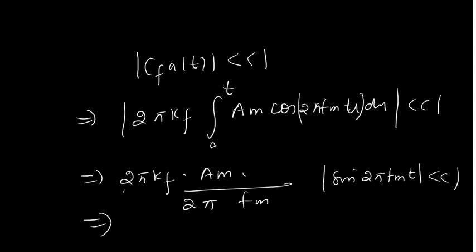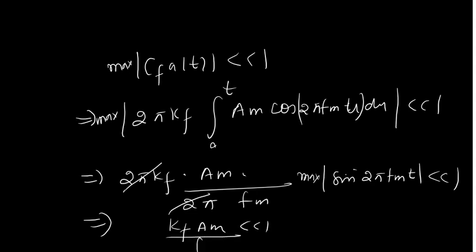I am just integrating. So after integration we will get kf Am, because sorry we forgot to put this max of CF AT should be less than or equal to 1, and if you evaluate max of this it is 1, so kf Am by fm. And if you remember, this was nothing but the modulation index for FM.